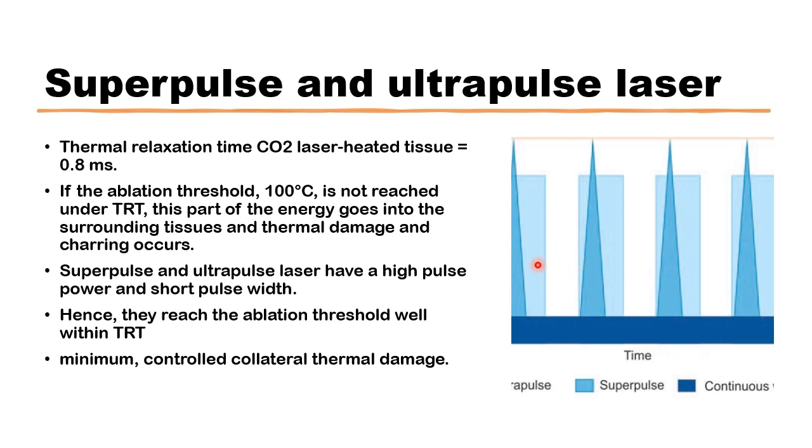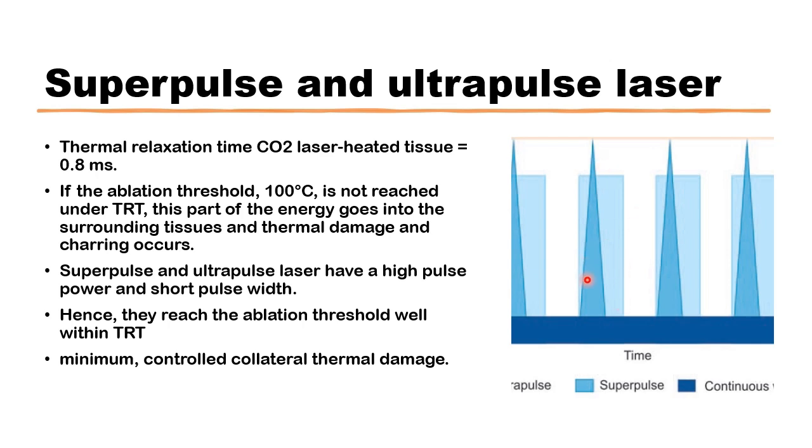Whereas the other 2 modes, the super pulse, like the cones in here, and the ultra pulse, like the rectangles, would behave differently. They can achieve higher temperature in a much shorter period of time, shorter than the thermal relaxation time of 0.8 milliseconds, and therefore achieve a better and precise cutting and avoid the collateral damage.